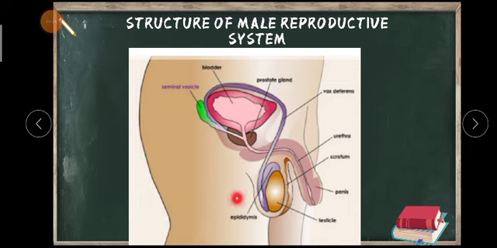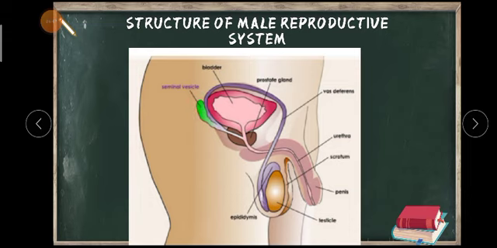The function of the testes is to produce sperms, the male gamete. Then they send these sperms towards the seminal vesicle. If you see this purple colored pathway, it goes towards the seminal vesicle and then is connected to the urethra.